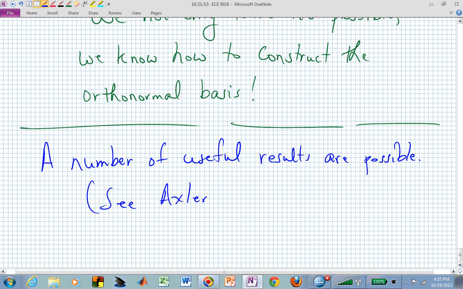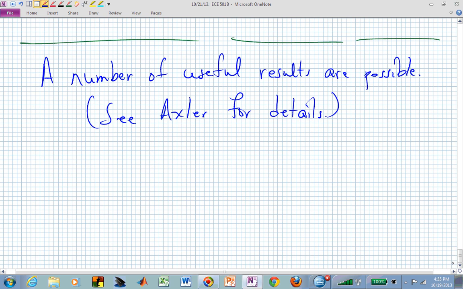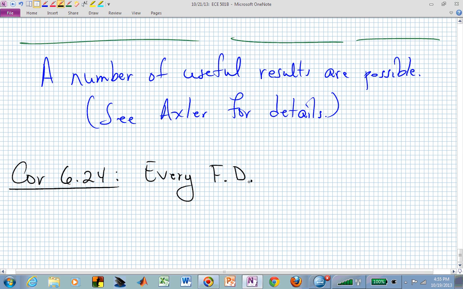And you can refer to the textbook or to Axler for the details. The first is corollary 6.24, which says that every, and I'm going to use some abbreviations here, every finite dimensional IPS, or inner product space, given a finite dimensional inner product space, that inner product space has an orthonormal basis.